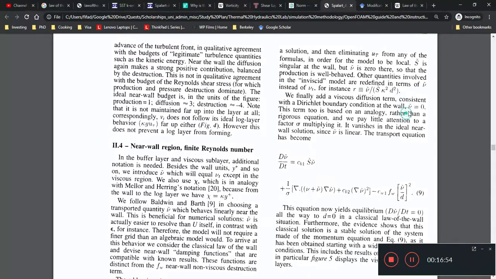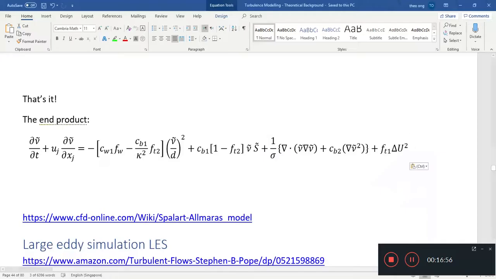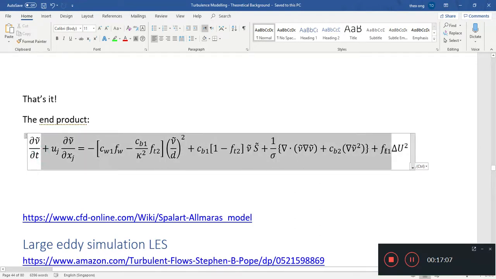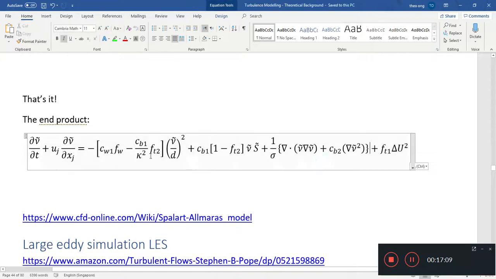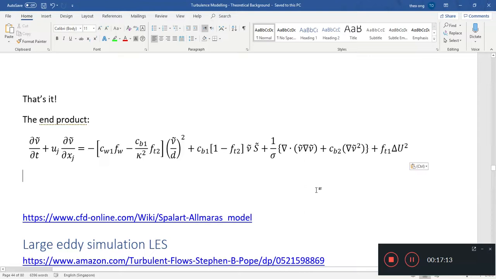So yes, nu tilde should be 0 at the wall, and I think that's how you set your boundary conditions. I may have to check, but yeah, this is why this equation looks so complicated. It's because all the wall functions are already built into this transport equation, and you don't have to think about it anymore. So yeah, that's the Spalart Allmaras model for you, how it's being derived and constructed.